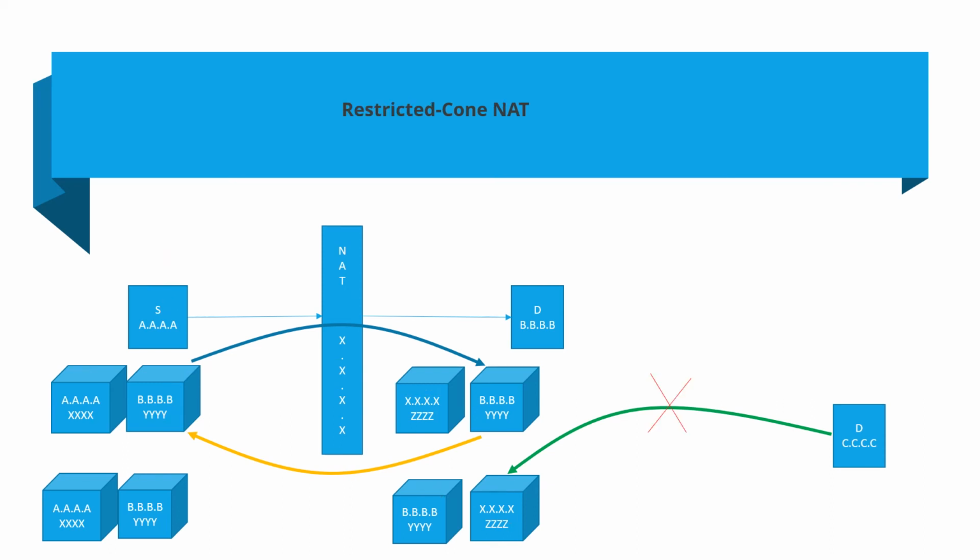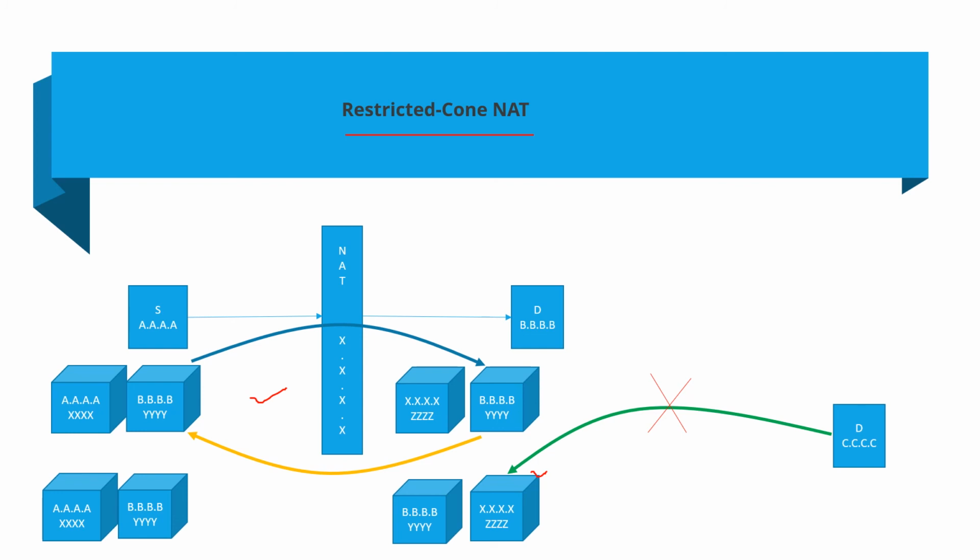The second type of NAT is the restricted cone NAT. All this communication looks very similar. The only restriction I see here is that when a third party communicates back to the same port and the public IP address, it is not going to be delivered. So requests should only come from the same IP address.